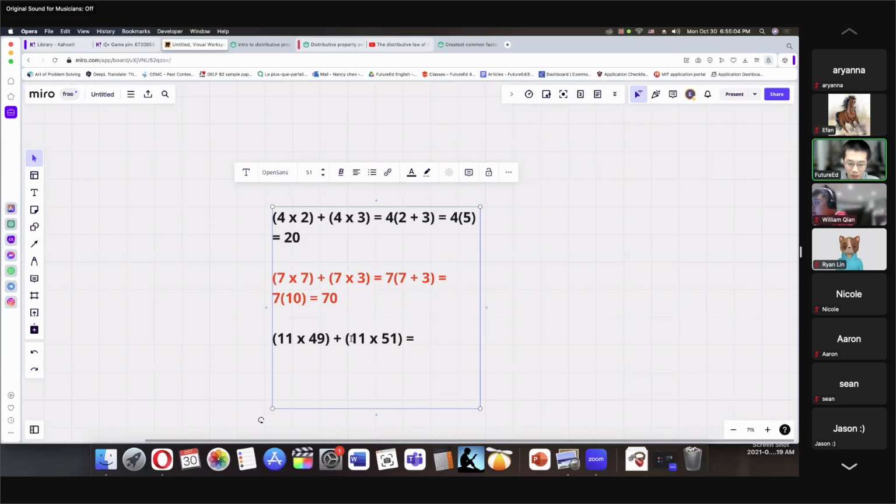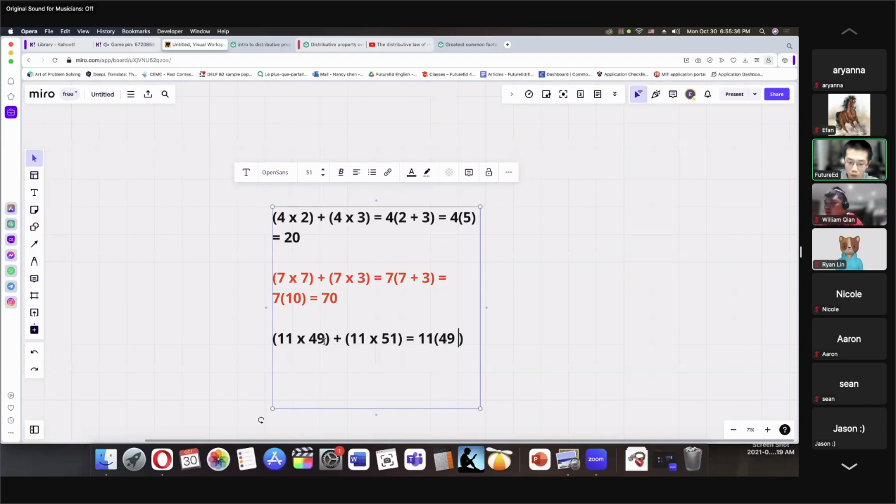So in this case, the first step, because you see an 11 on both sides, you can take out an 11. Okay? So you factor out an 11, and what's inside? You have 49 on the left, and 51. Wait, just to make sure, 11 times 49 is... You don't need to calculate it, Jason.